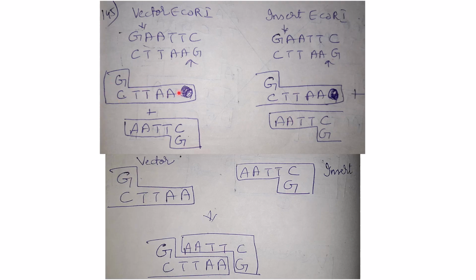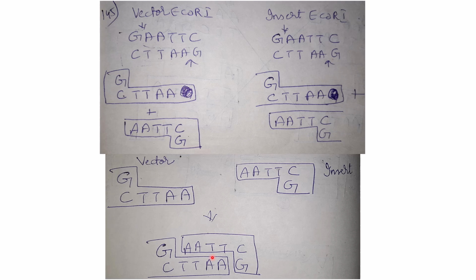That is, the vector DNA and the insert DNA have complementary base pairing in this single stranded overhang region, and they will base pair.